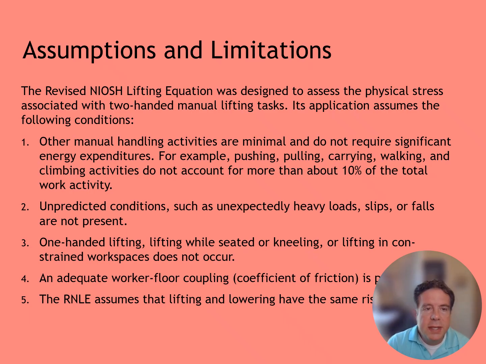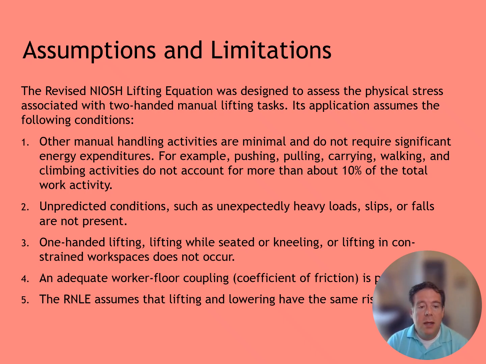Other than using the NIOSH lifting equation, I really want you to come away with some of the limitations of when not to use it. Number one, it was made for a two-handed material handling lift, so not one hand. Also, if pushing, pulling, carrying, and walking activities account for more than 10% of the total activity, you shouldn't use this equation.